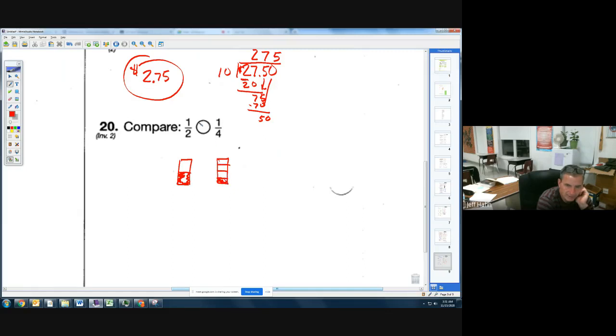And 1/2 is obviously bigger than 1/4, but you probably shouldn't have to do that because we always look at these as compared to 1/2. 1/4 only has one of the four. For it to be equal to 1/2, it would have to be 2/4, but it's not. It's less than that. It's only got one of the fourth pieces, so 1/4 has to be smaller than 1/2.